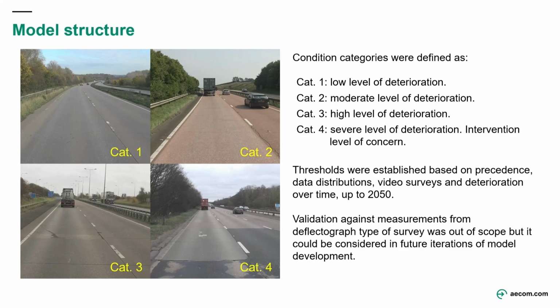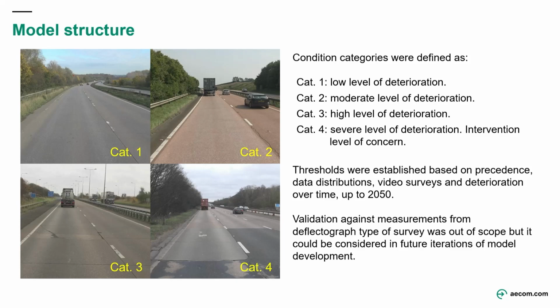So obviously we started with looking at what was making sense from an engineering perspective. We tried to validate that against the video surveys. And obviously, we wanted to make sure also that these categories were allowing us to deteriorate all the sorts of pavements and structures that we have available in the UK with a good level of confidence.